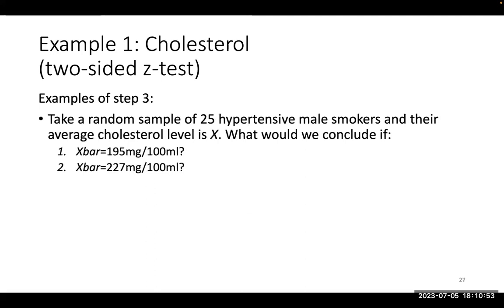We are now drawing a sample of 25 hypertensive male smokers, and we measure the cholesterol. We have 2 samples. The first sample of these 25 hypertensive males had an X bar of 195, and the second group had 227.